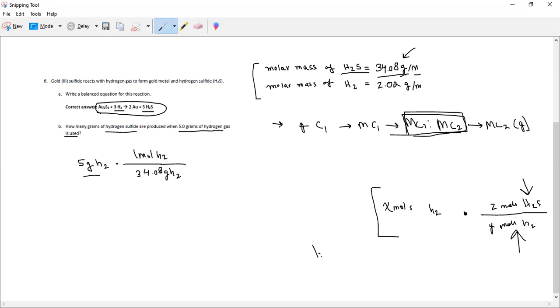So if you have 1 mole of H2, if you multiply that by 3 moles of H2S per 3 moles of H2, then your moles of H2 would effectively cancel out and you'll be left with moles of H2S. And then you have achieved this part of the chain that can allow you to compare moles of the first compound to moles of the second compound.